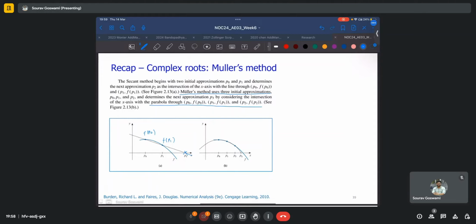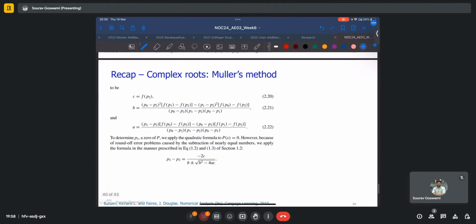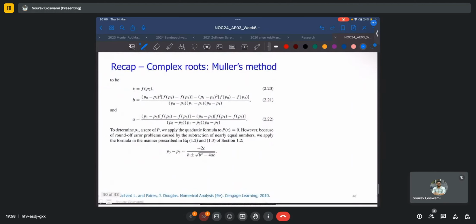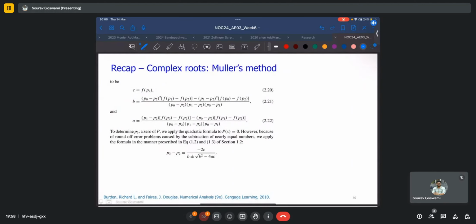We fit a parabola through the points (p0, f(p0)), (p1, f(p1)) and (p2, f(p2)). Wherever this parabola intersects with the x-axis is where we assume our next point, that is p3, to lie.